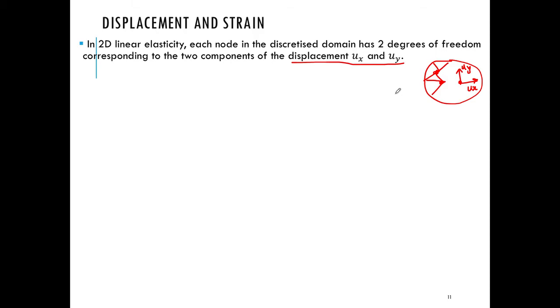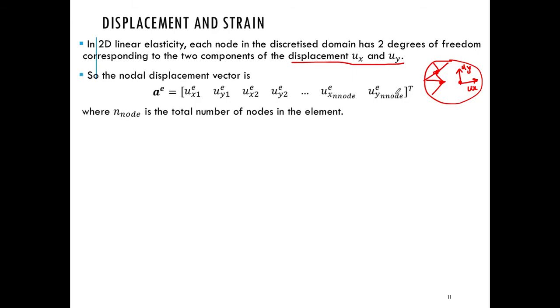So I can write out my nodal displacement vector, our Ae vector, using these 2 degrees of freedom for each node. I first write down my x displacement for my first node, then my y displacement for my first node, so this is the terms from one node.